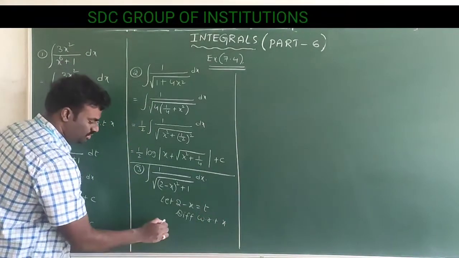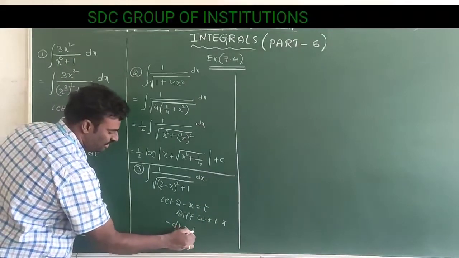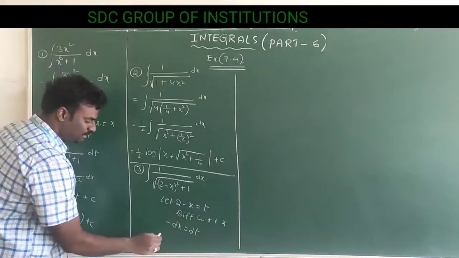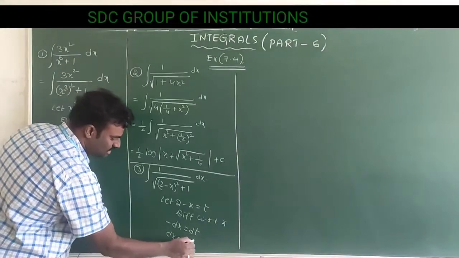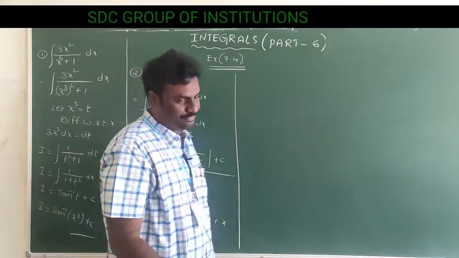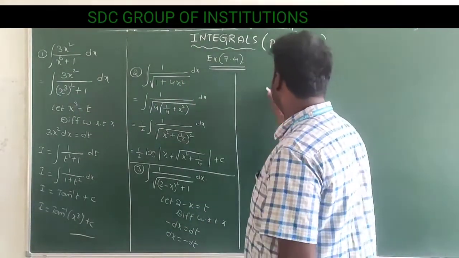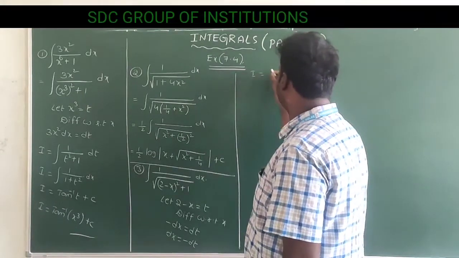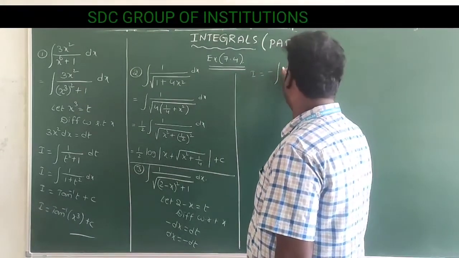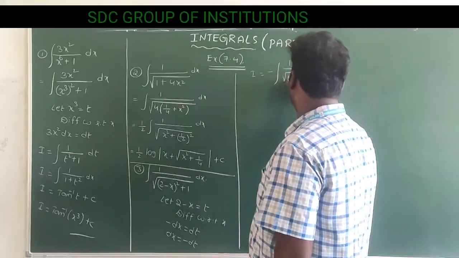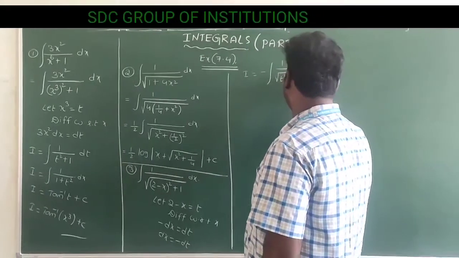Constant derivative is 0, so minus dx is equal to dt. If you multiply both sides with minus, you will get dx is equal to minus dt. Now the question changes to I equals minus 1 by under root of t square plus 1, which can be written as 1 square.